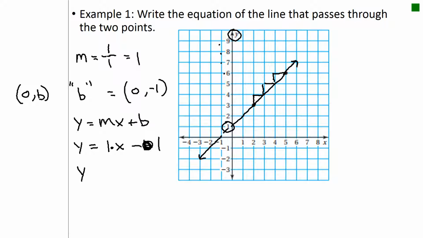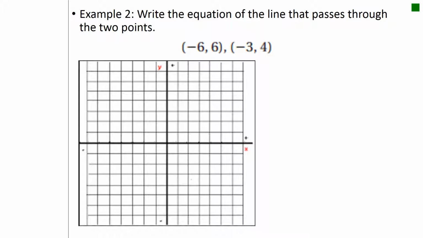So now I'm going to get rid of this 1 times right here, and I get y = x - 1. The slope is hidden right here as a slope of 1, and the intercept is right here as a -1. So that's a pretty straightforward example of finding the slope and the intercept and plugging them in.